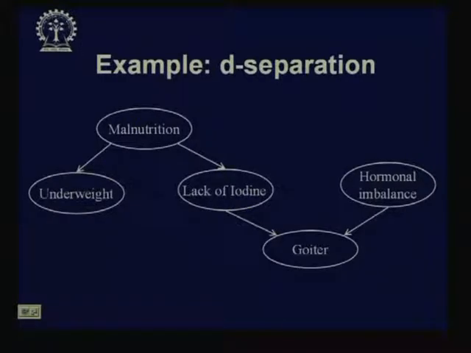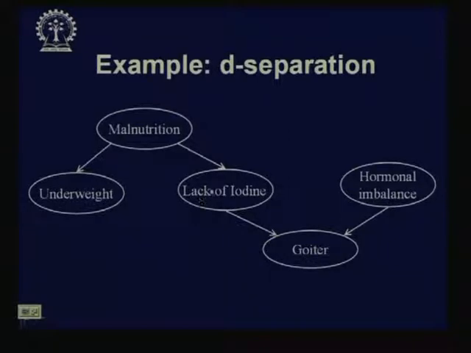That means, say here is a belief network: malnutrition leads to underweight, malnutrition leads to lack of iodine, which leads to goiter, and hormonal imbalance also leads to goiter.